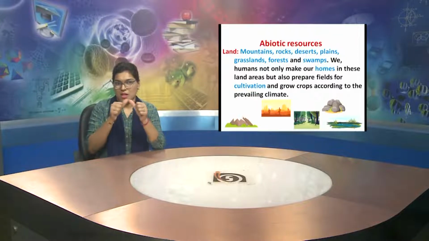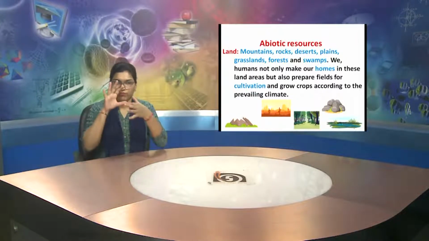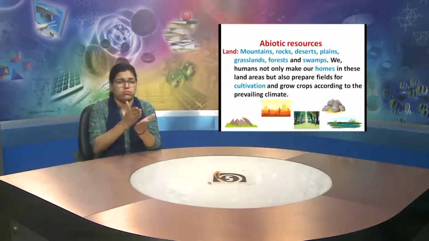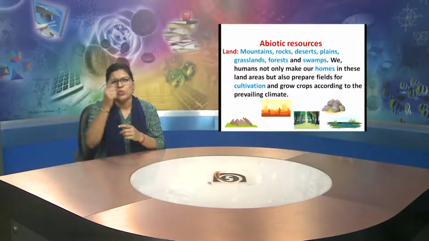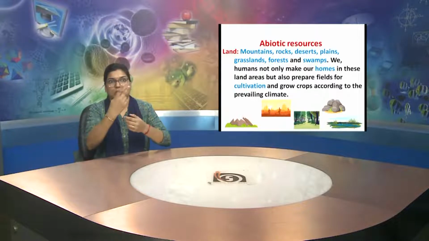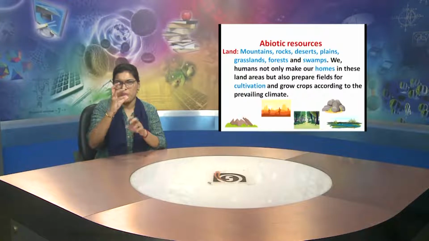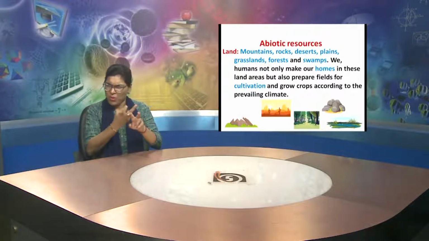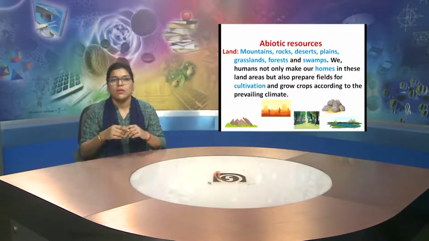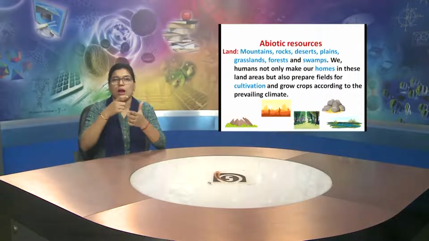Now let us begin with abiotic resources. First we will talk about land, which is an abiotic resource. Have you all seen the mountains, the rocks, the deserts, plains and grasslands, forests and swamps?